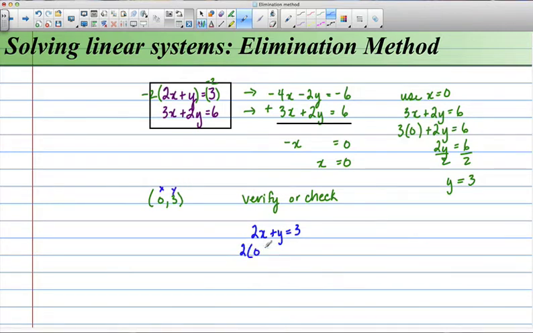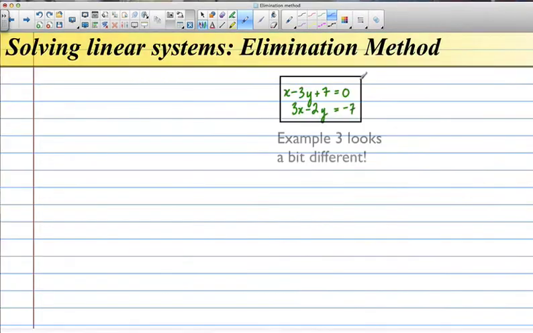So 2 times 0 plus 3, does that equal 3? 3 does in fact equal 3, so it does work. If we check with the second equation, 3x plus 2y equals 6, 3 times 0 plus 2 times 3 equals 6. Does it equal 6? And in fact, yes it does.